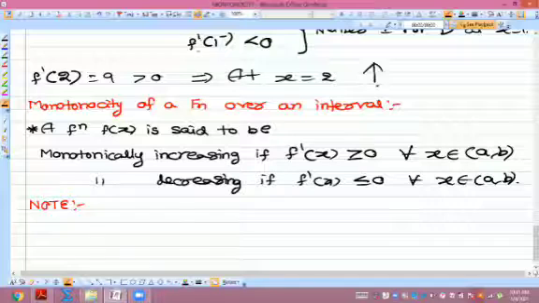Yes or no? For the above problem, f dash of 1 is 0. Here we got neither increasing nor decreasing, but still there is a chance of getting increasing or decreasing, so we need to include that also.